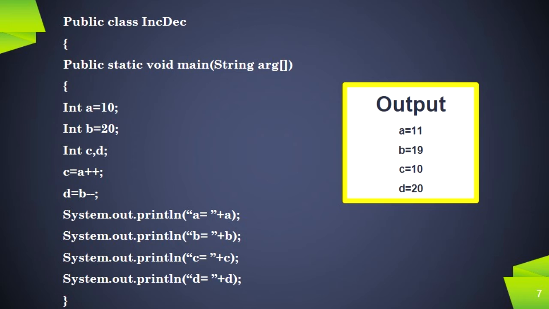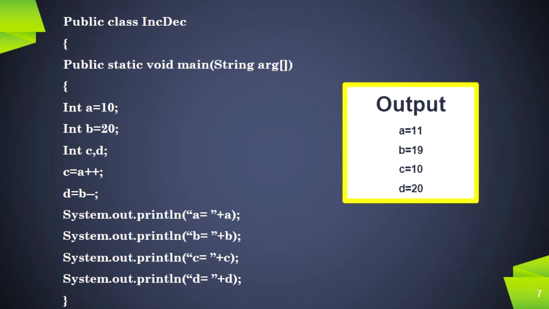So plus plus means it is going to increment by 1, that is the increment operator. So the value of a is 10, and automatically it has to increase by 1. D is equal to b minus minus. So minus minus is the decrement operator and it decreases by 1. So b is 20. So when it decreases, it becomes 19.